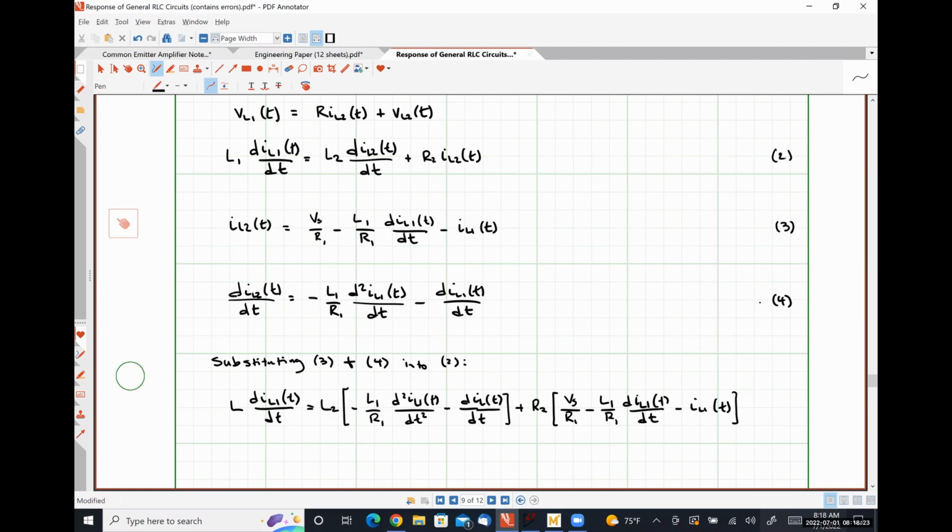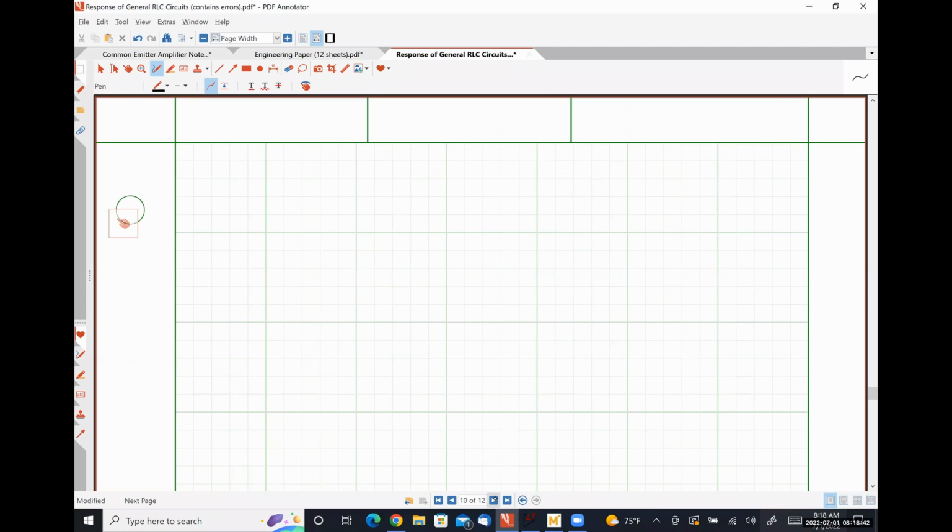So the first thing that I want is my second derivative term. So I can see that on the right-hand side of my equal sign right now, I have a negative L1 L2 over R1 times my second derivative. When I move that to the left-hand side of the equal sign, that's going to look like positive L1 L2 over R1.